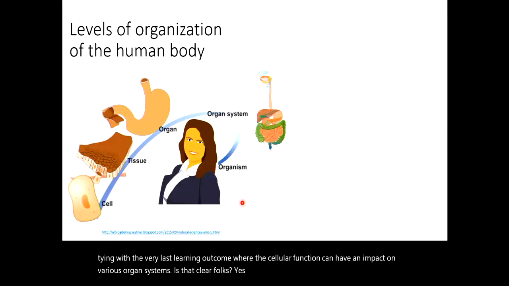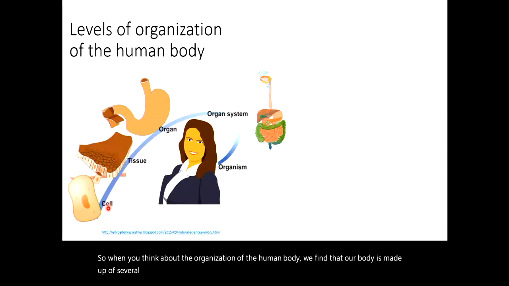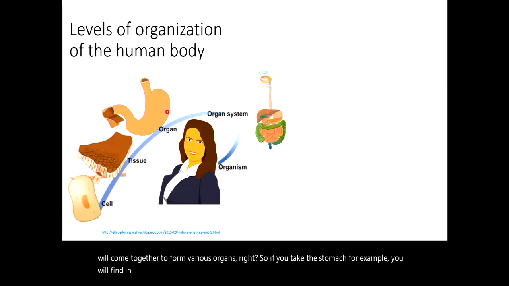Okay. So when you think about the organization of the human body, we find that our body is made up of several cells. These cells come together to form different types of tissues, and these tissues will come together to form various organs, right? So if you take the stomach, for example, you will find in it the 4 types of tissues which we will be discussing.